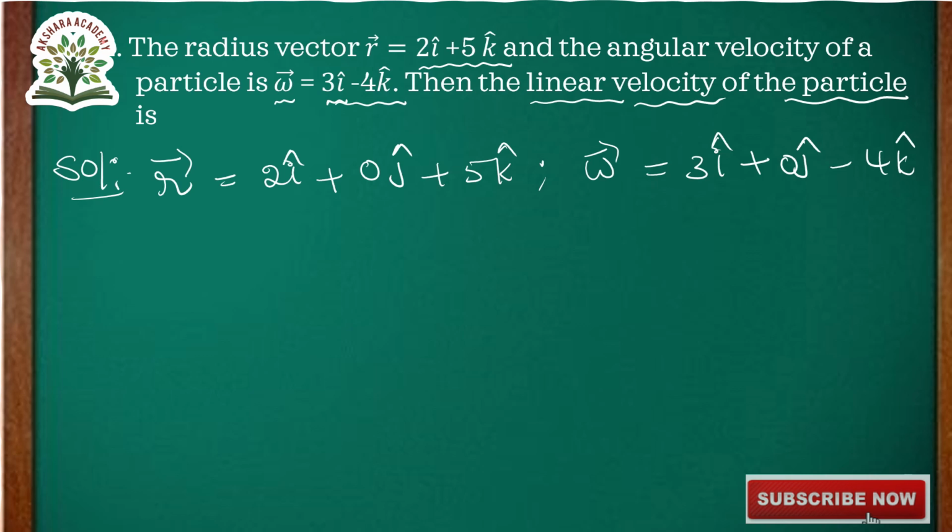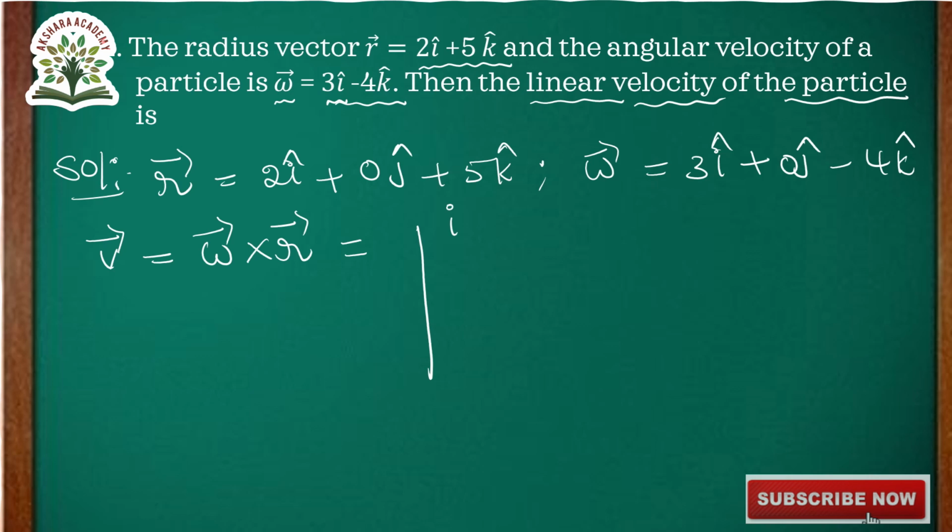Now we are finding the linear velocity. Linear velocity v bar is equal to omega bar cross r bar.